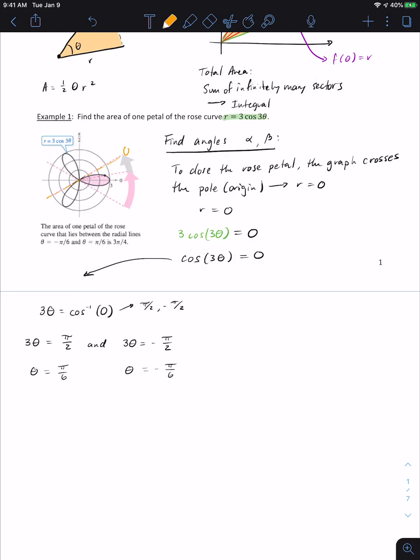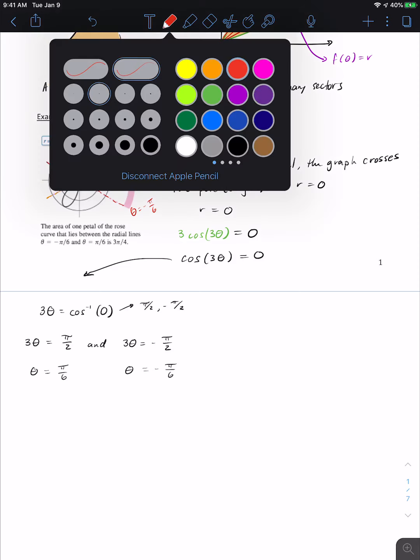This is the line theta equals pi over 6, just like we have lines y equals 7 is the horizontal line at the y value 7, and x equals 3 is the vertical line at the x value 3. Same thing here. And then this guy right here is going to be the line theta equals negative pi over 6.